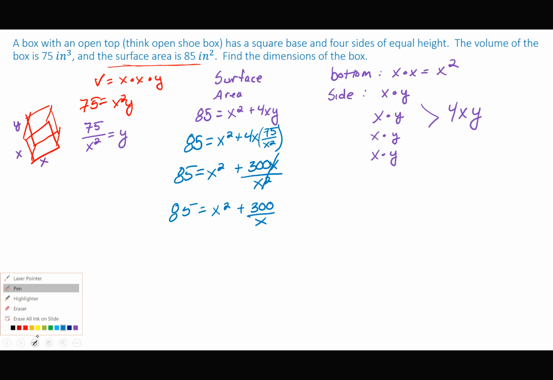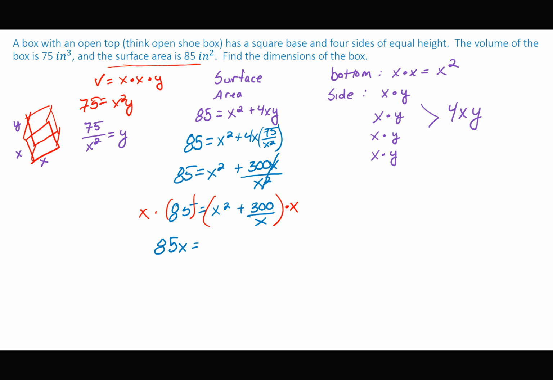Well, I want to clear that fraction, so I'll multiply both sides by x. When I do that, I end up with 85x equals x cubed, because this x is going to apply here and here. And the reason I'm doing it is because those will go to a useful form of 1. So all I have left is x cubed plus 300.